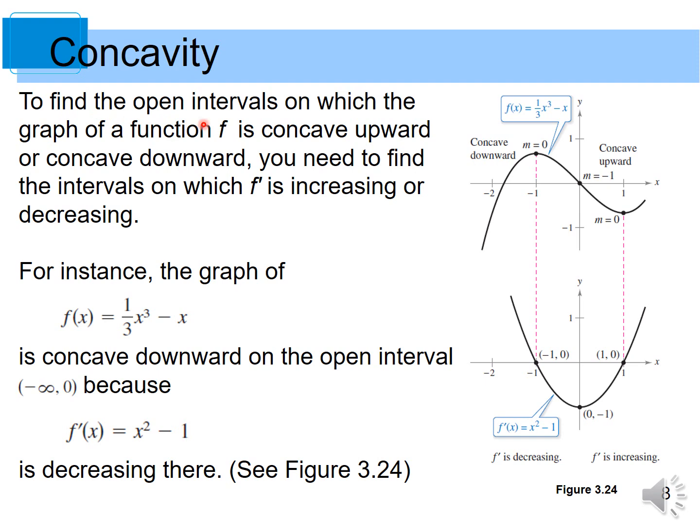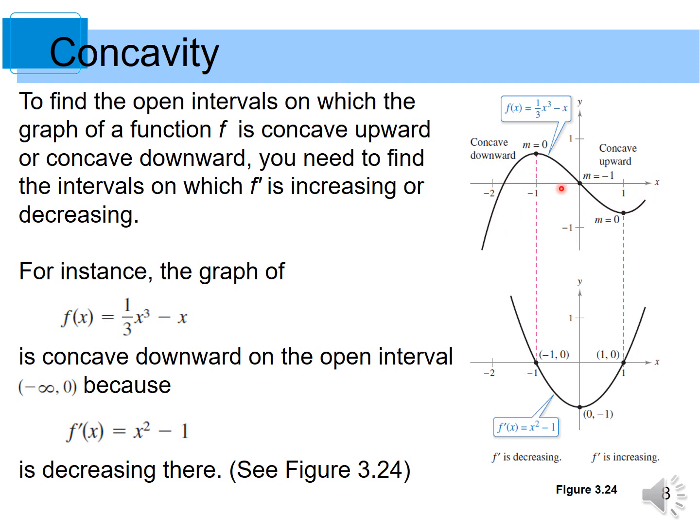To find the open intervals on which the graph of a function f is concave outward or concave downward, you need to find the intervals on which the f prime function is increasing or decreasing. For example, the graph of the original function f(x) equals 1/3 x cubed minus x.